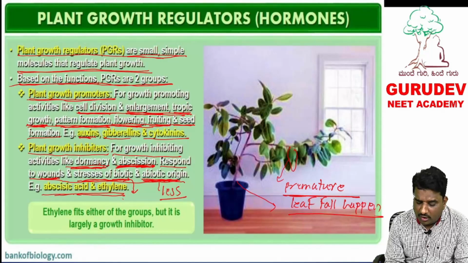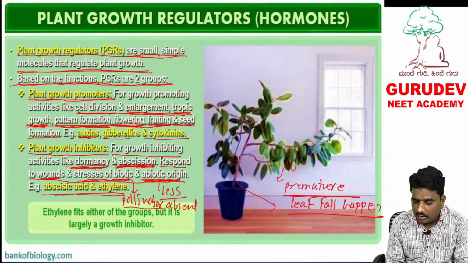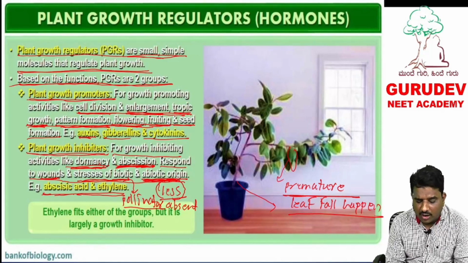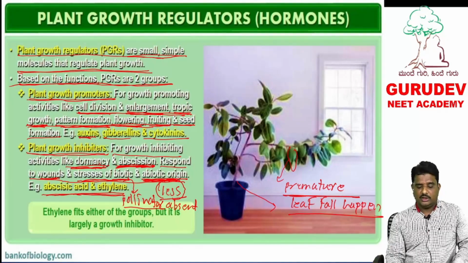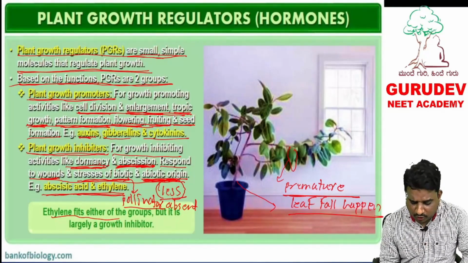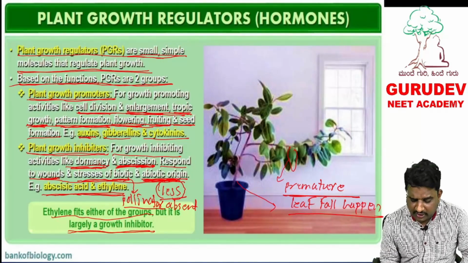If some living organism, like a pollinator, is not there, that is a biotic stress. At that time, plant growth inhibitors are more present. Which are the main plant growth inhibitors? Abscisic acid and ethylene. Ethylene fits into both groups, inhibitor as well as promoter, but largely it is an inhibitor.